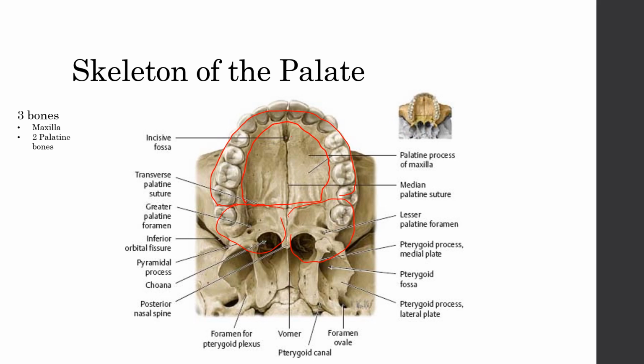Important features to be noted are the median palatine suture, the posterior nasal spine, the pyramidal process here, the greater palatine foramen here, which gives pathway for the greater palatine nerve and vessels, and the lesser palatine foramen, which gives pathway for the lesser palatine nerve and vessels.